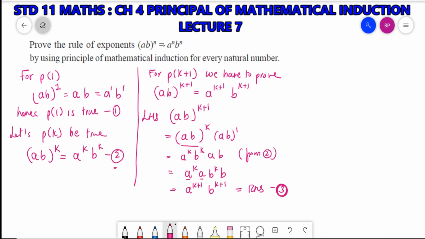Okay, so we have proved P of 1 as true, we have assumed P of k is true, and using that we proved that P of k plus 1 is true.